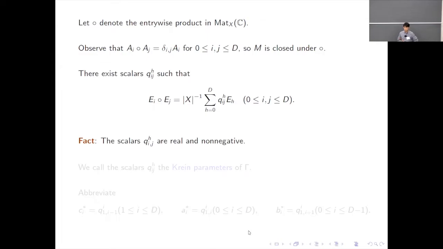Actually, these scalars q^h_ij are real and non-negative. This is a nice positivity in algebraic combinatorics. We call these the Krein parameters of gamma. And likewise to the intersection numbers a_i, b_i, c_i, we abbreviate a_i star, b_i star, c_i star.